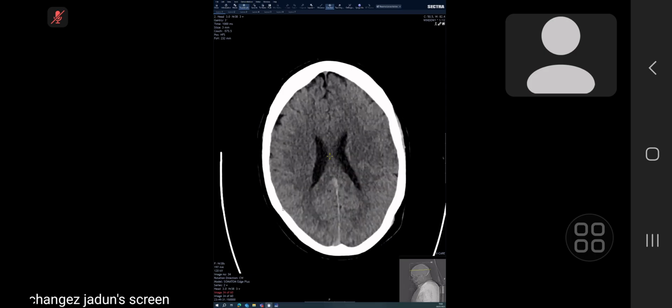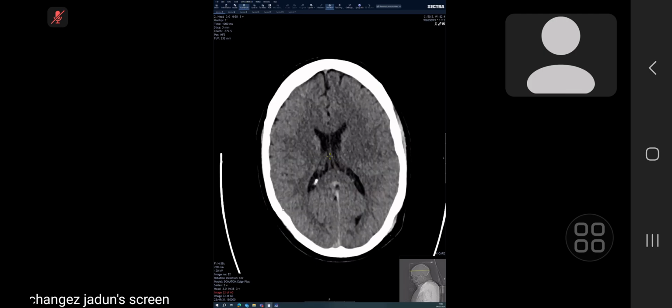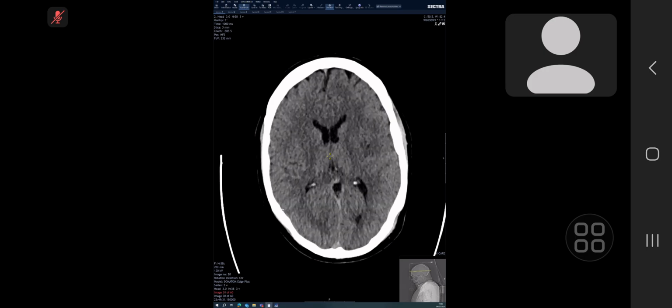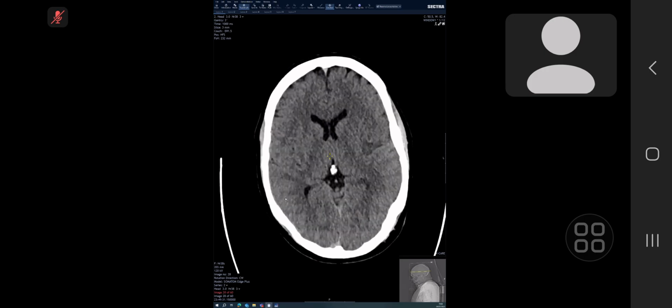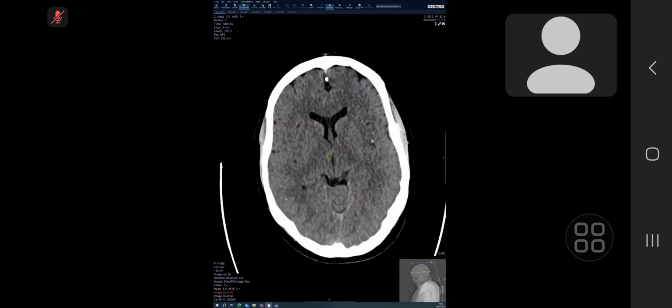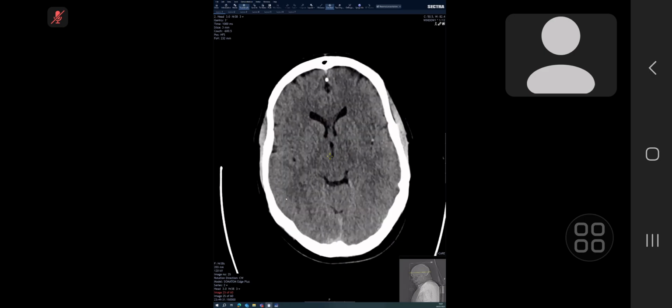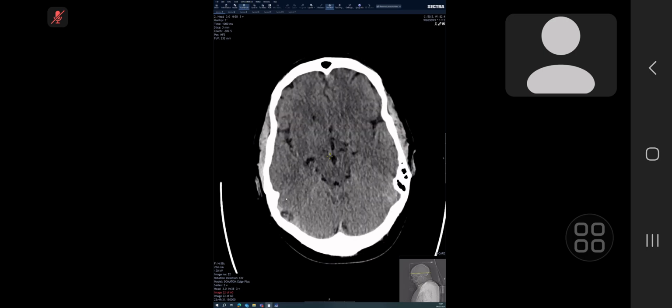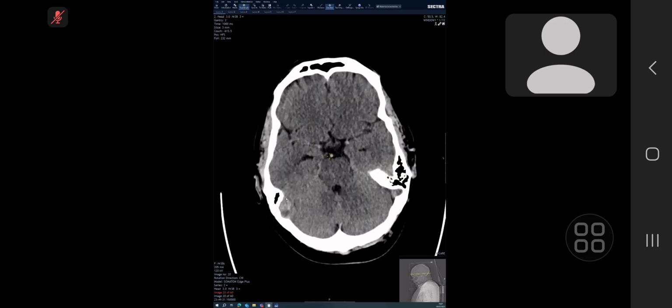I cannot appreciate any significant abnormality as we are going downwards, except calcifications of the choroid. Again, there are calcifications likely of the cerebral falx.